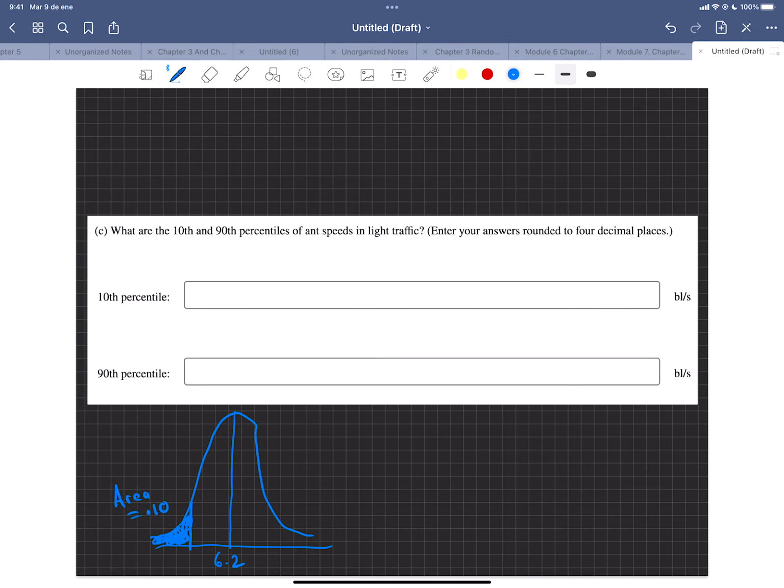And what is going to be the 90th percentile? The same but with the area 90% behind. So all of this area.